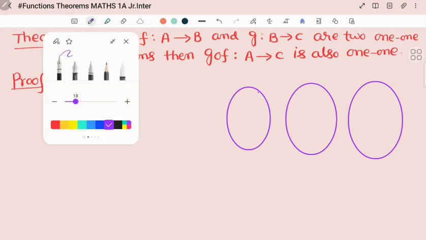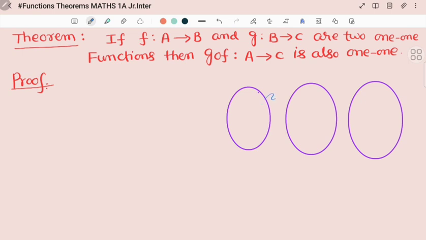So now the function f is defined from A to B. In set A, you take the elements a1, a2, just general names. So whenever f is defined from A to B, the elements of B will be in the form of f of a1, f of a2.